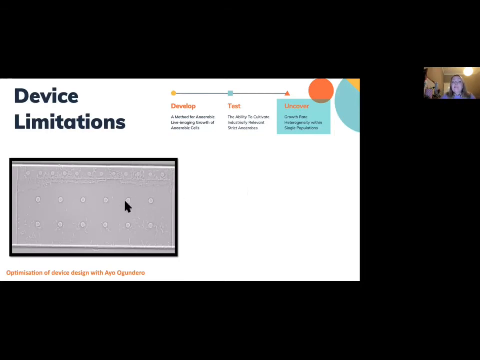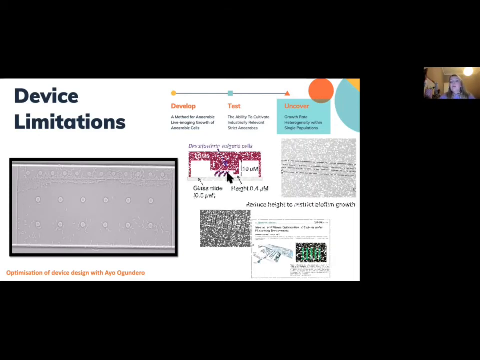So one of the limitations of this device was that the Desulfovibrio cells started to form a biofilm, which limited our ability to track individual cells. So we've had a PhD student, Io Ogundero, who has really taken the lead on designing new microfluidic devices so that we can constrict the chamber height to give us a monolayer of growth.